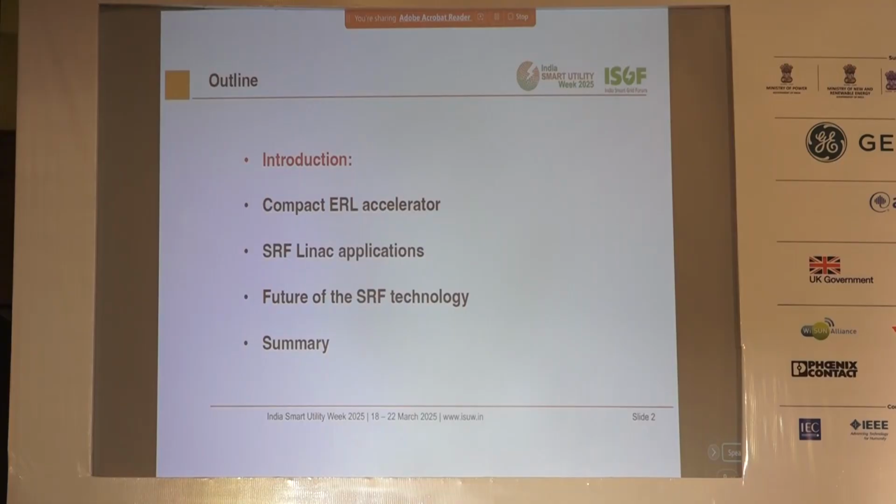As one example at KEK, we are trying to develop the so-called compact energy recovery linac accelerator, and that is to be used for isotope production. I will try to explain that. Then these are other SRF linac applications, and how we may expect superconducting RF technology to become more advanced. That's the summary.